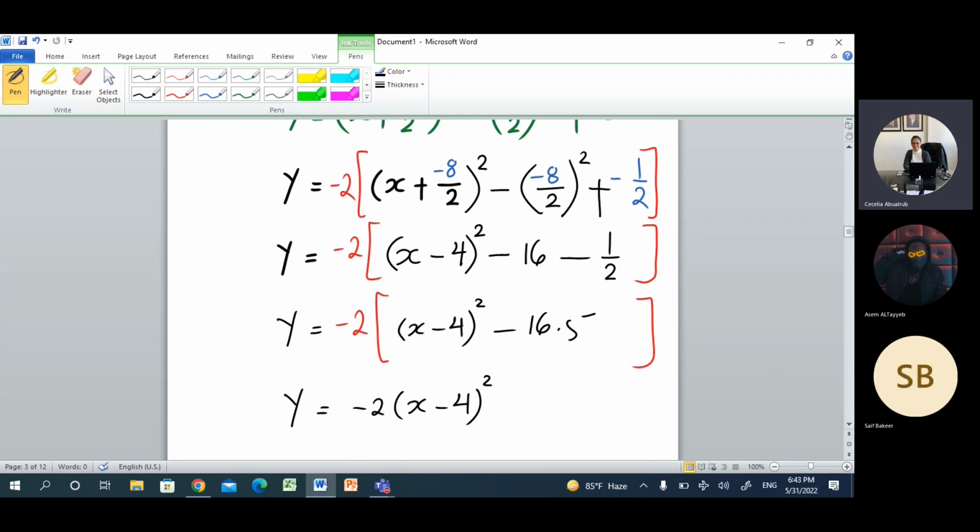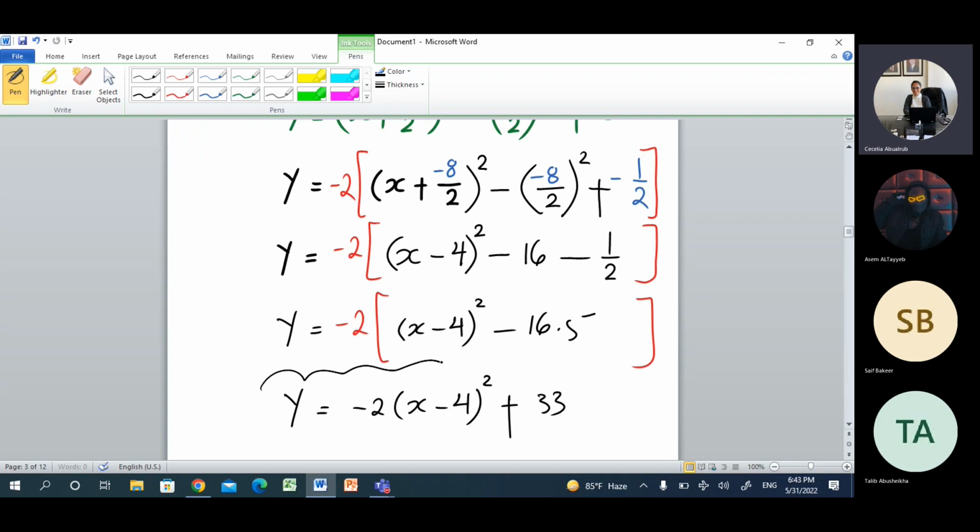The answer will be negative 2 times negative 16. It will be plus 33. And that's the completed square form of this question.